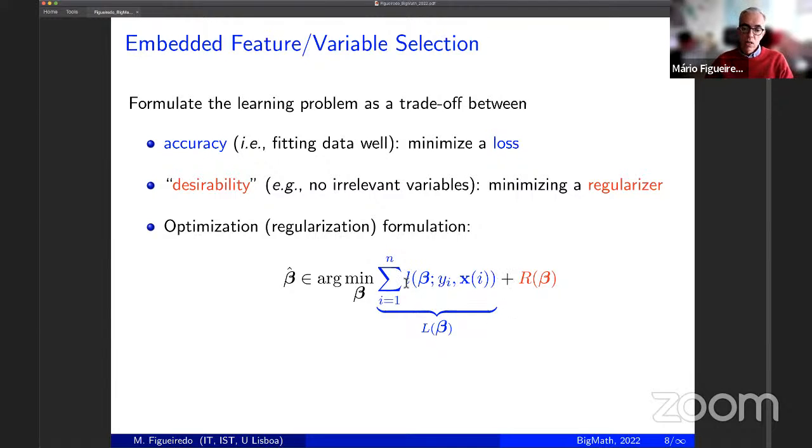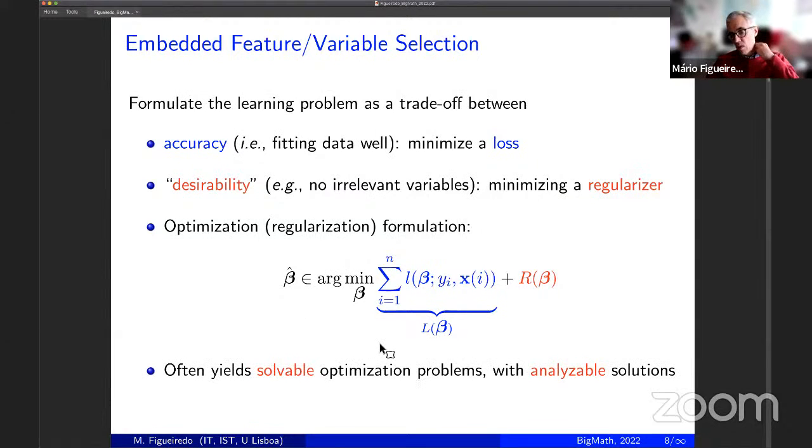And this loss is, of course, a sum across all your samples of some loss that measures how well or how badly you're fitting your response y at point x, given your current estimate of your parameters beta. And so this trade-off between these 2 things will yield a solution.